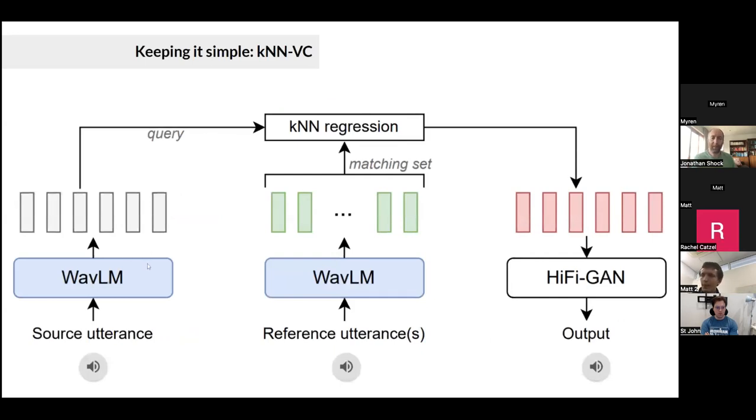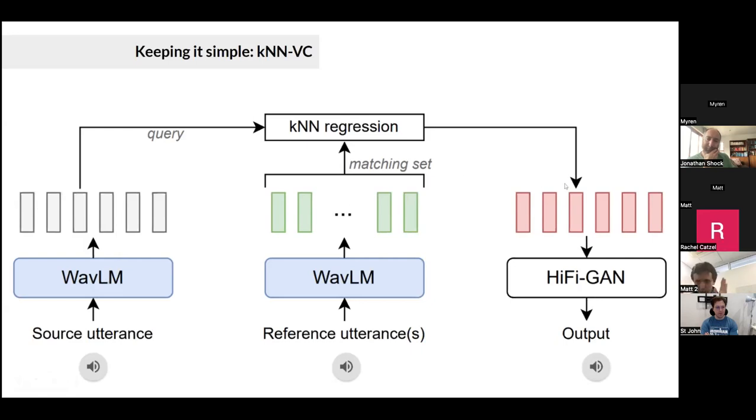Great, thank you. So this is really our model. Essentially, we have our source speech and our reference from our target speaker, and we take both of them and convert them to these SSL features using a pre-trained WavLM model. We don't touch it; we just grab it from online. Then for every source vector, we find the nearest neighbor from all the vectors from the reference speaker and replace it with that nearest neighbor.